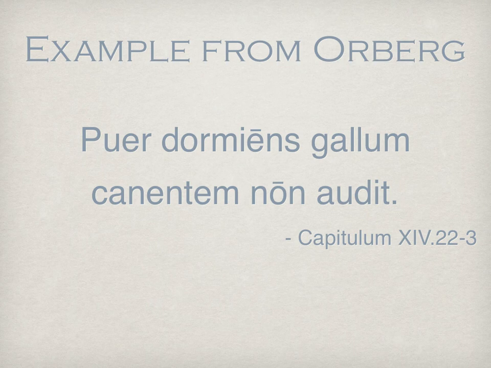But the sleeping boy does not hear the rooster even though he is crowing. And that would be the idea of concession. Okay, so those are some things that we can do with the participle, and that's the biggest lesson that we need to take out of chapter 14.